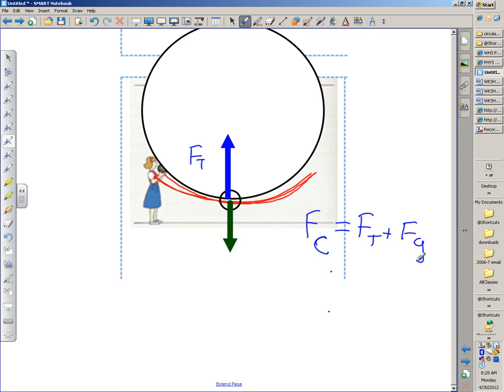Outward, right? So what did we do with that in that case? We made that negative, right? So it really looks something like this. Does that sound remotely familiar, hopefully?